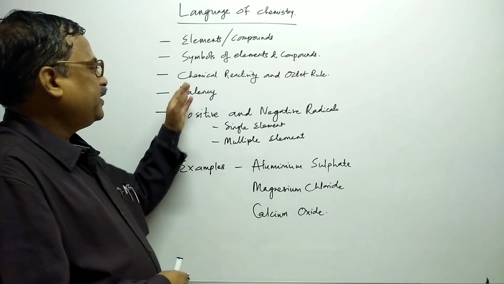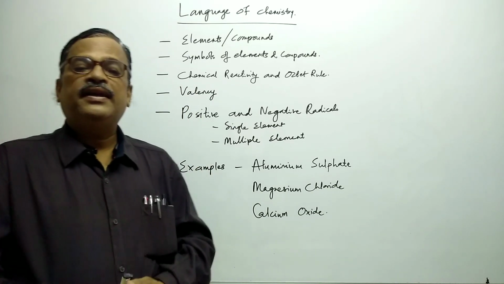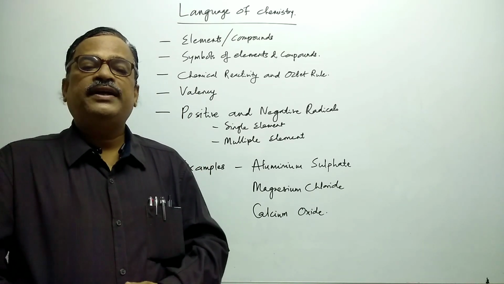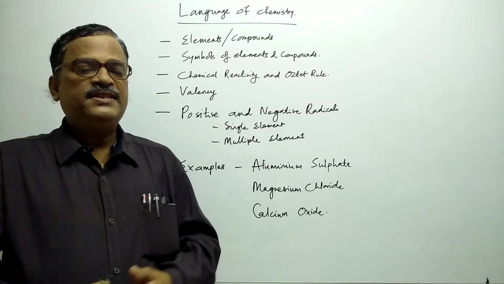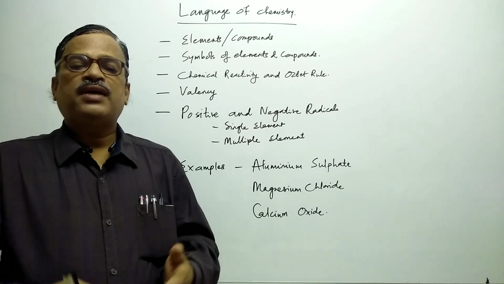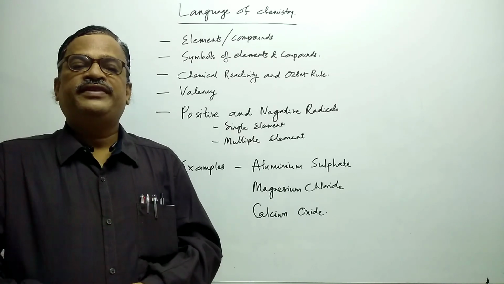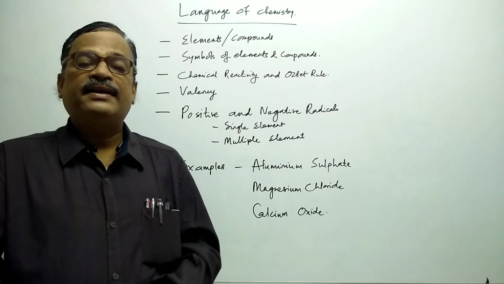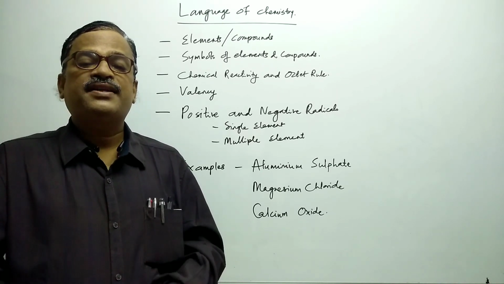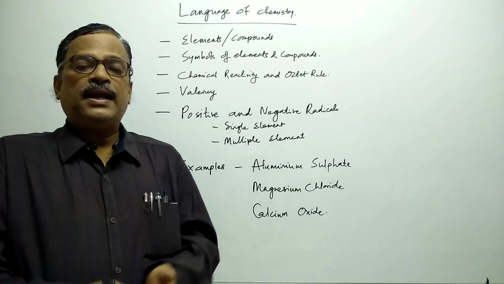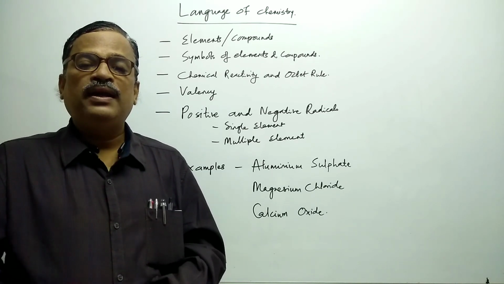Let us go to the third point. What is chemical reactivity and what is the octet rule? We see that there are about 118 elements, and most of these are chemically reactive. They undergo chemical reactions. But there are some elements known as noble gases.